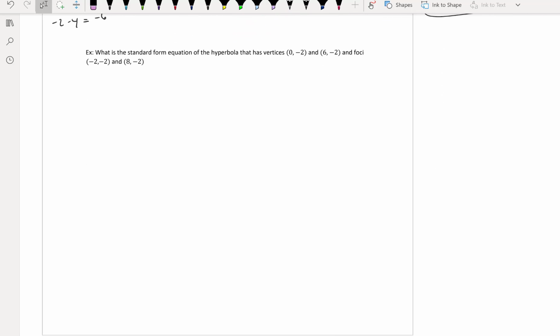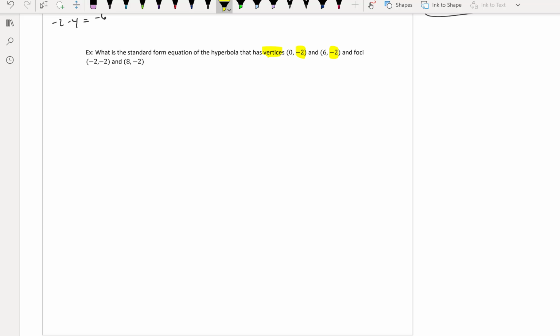So for the next example, it says, what is the standard form equation of the hyperbola that has vertices (0, -2) and (6, -2), and foci (-2, -2) and (8, -2)? So what I know is that these vertices have a fixed value for that y coordinate.